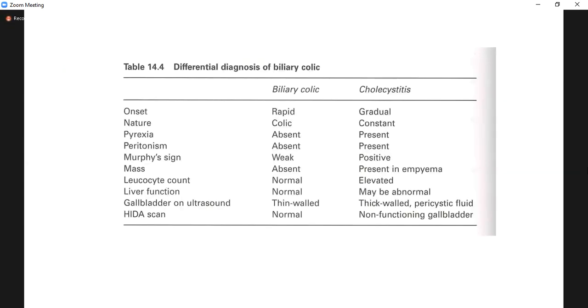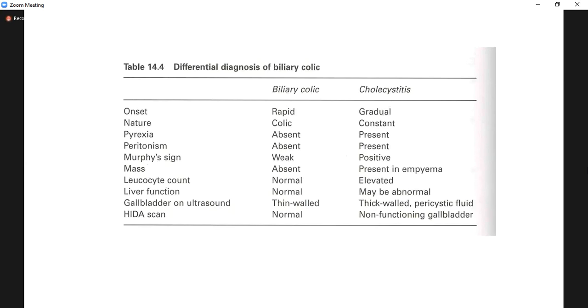At this point, I think it's important to know the pathophysiology: how does biliary colic happen, and how does cholecystitis happen? Can anyone think about it? Biliary colic is when a stone in the gallbladder comes into the Hartmann's pouch and gets obstructed.